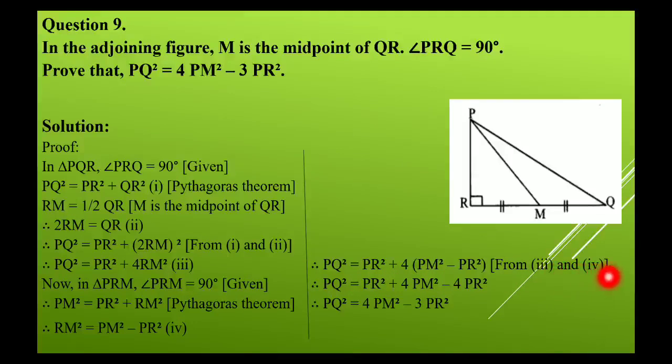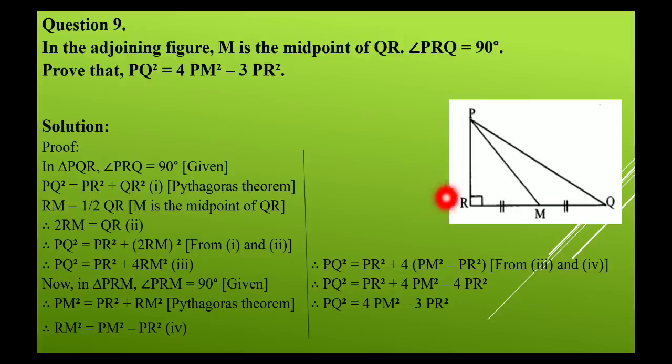From statement number 3 and 4: statement number 3 is PQ square is equal to PR square plus 4 RM square, and the last is statement number 4. So PQ square is equal to PR square plus 4 times PM square minus PR square.